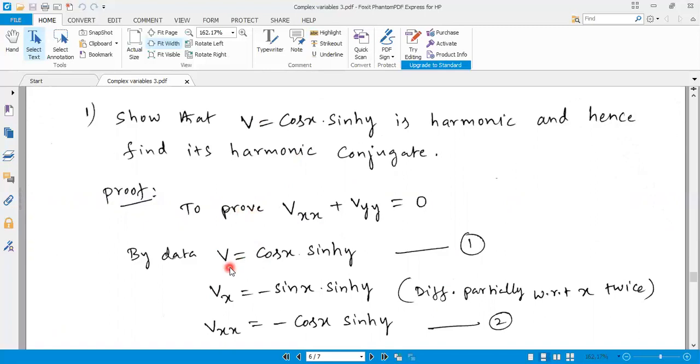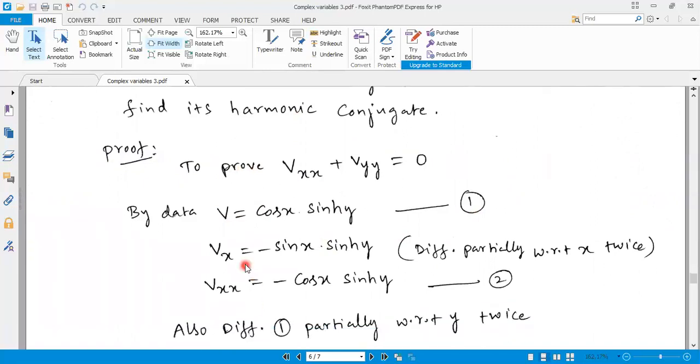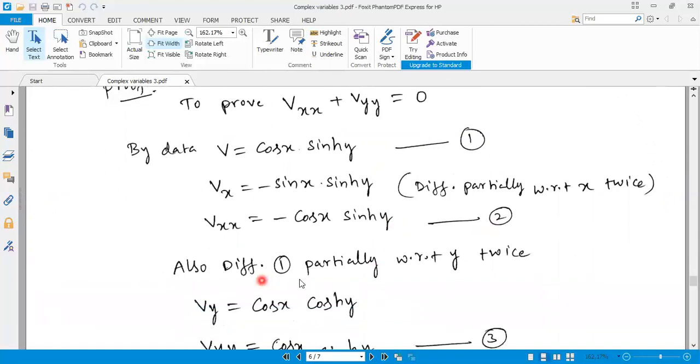So differentiate equation 1 with respect to x twice. When you differentiate the first time, you obtain vx equals minus sin x sin hy. When you differentiate with respect to x a second time, we obtain minus cos x sin hy. You can give some number for this. Similarly, differentiate 1 partially with respect to y twice.